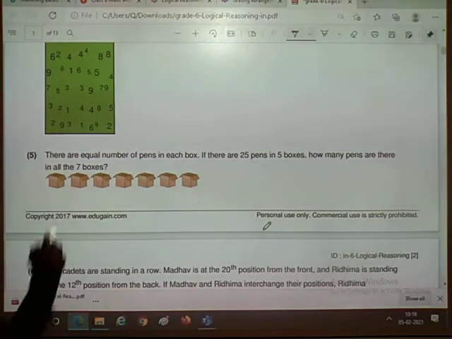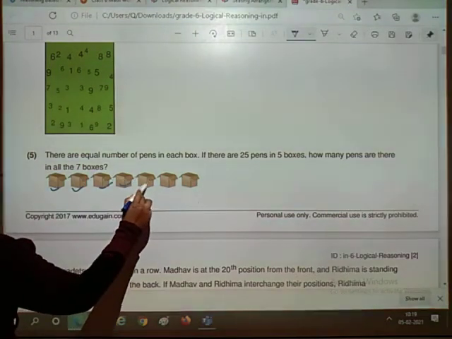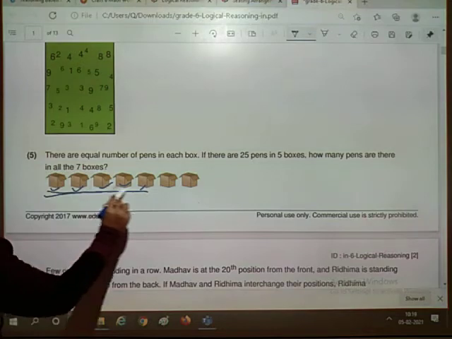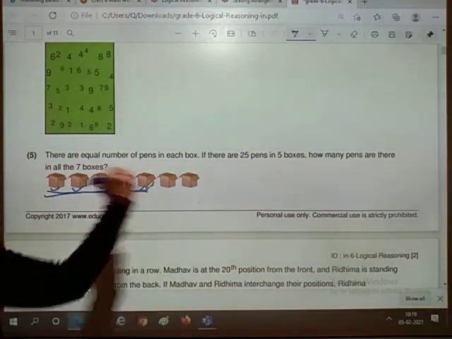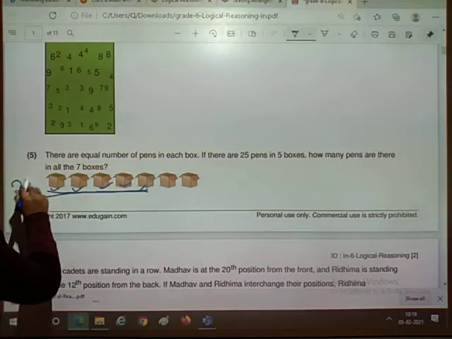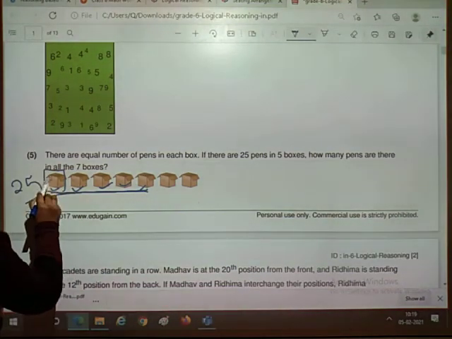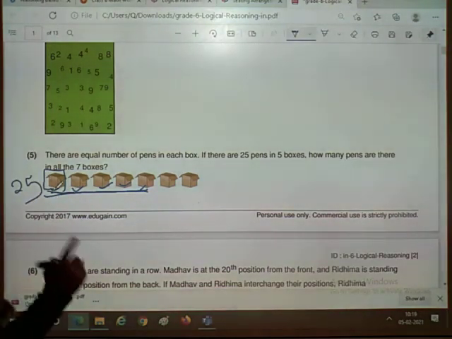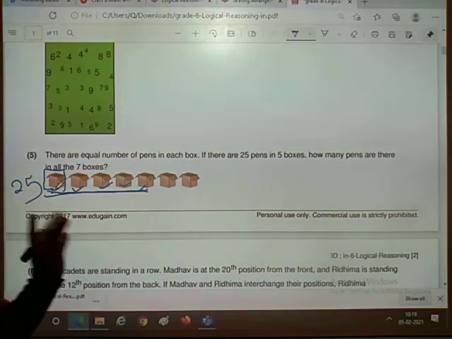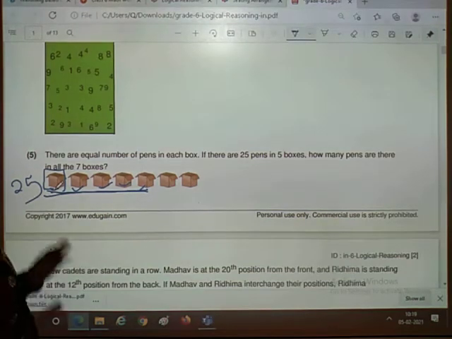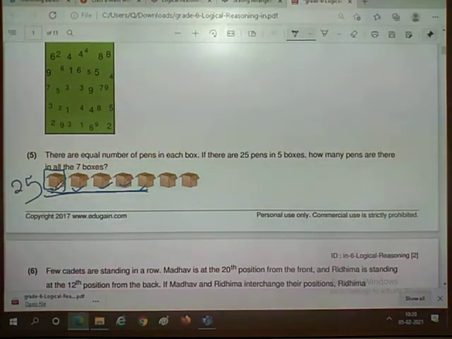So 1, 2, 3, 4 and 5. Among these 5 boxes, 25 pens are there. It means every box has equal, it means that every box has 5 pens. Now you can count how many pens are there in all boxes.